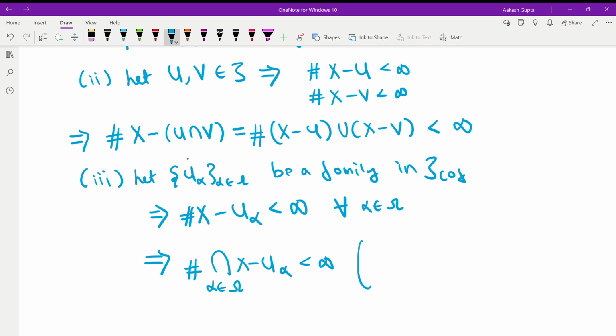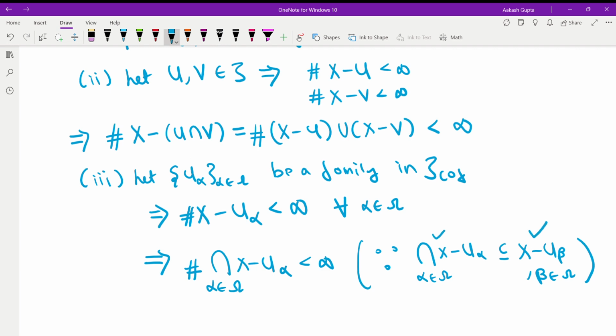Why is this happening? Because the intersection of X minus U alpha for alpha in omega is always contained in each of them, so we can take any one. Right, so this is finite, because the intersection is inside that.